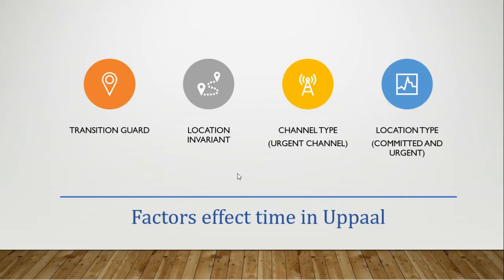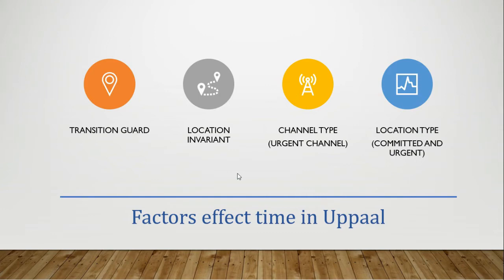So here we have some factors that can affect the time. The first one is the transition guards. Transition guards can control the time, as well as the location invariants. In a location, invariants can also control the time.